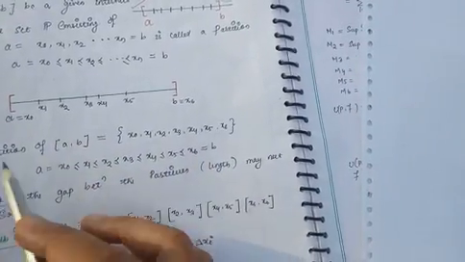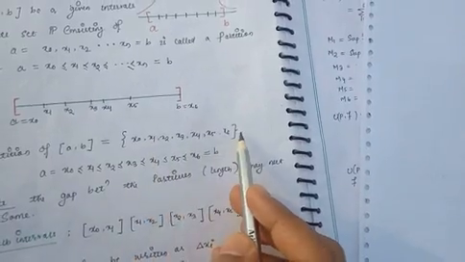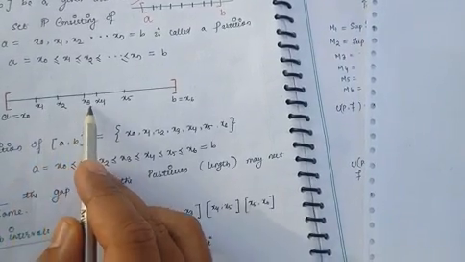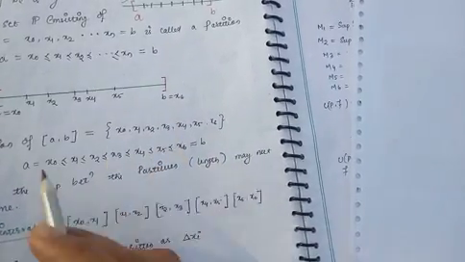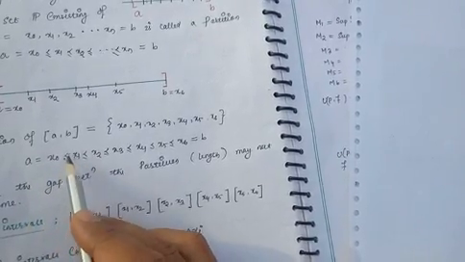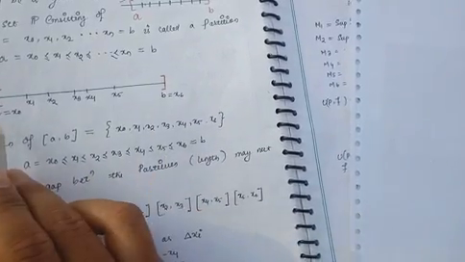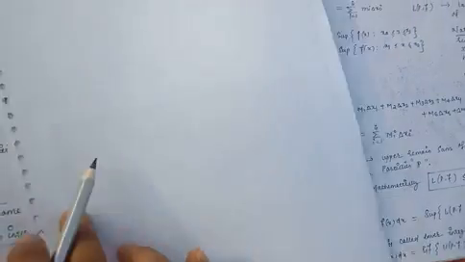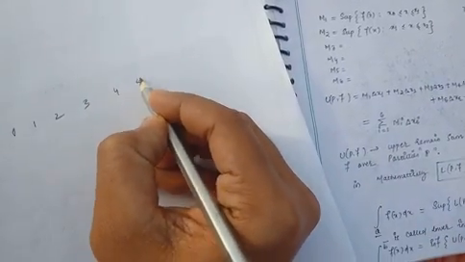So how can we write the partition? In the interval [a, b] we have points x0 to x6: x0, x1, x2, x3, x4, x5 and x6. This can be written as a = x0 ≤ x1 ≤ x2 and so on up to x6 = b. We use this symbol because we go from lower to higher order, like 0, 1, 2, 3, 4, 5 and 6.